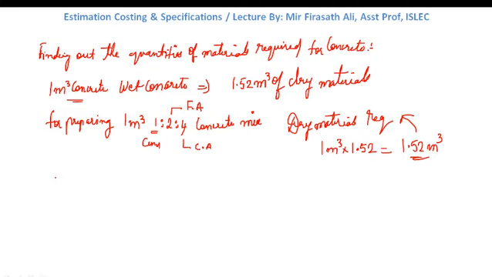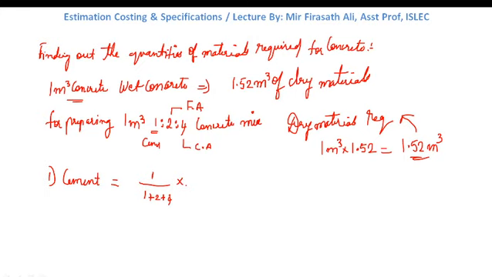So first of all, let us calculate the amount of cement required. Cement is the corresponding ratio, 1 by the sum of ratios. What is the sum of ratios? 1 plus 2 plus 4.